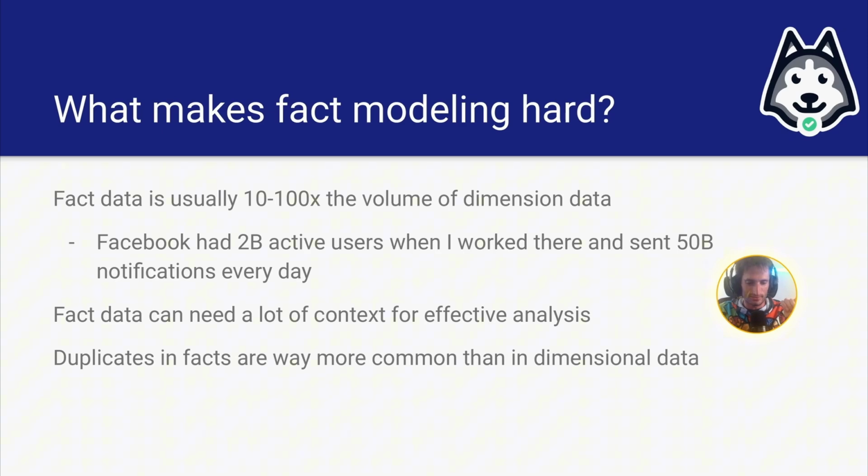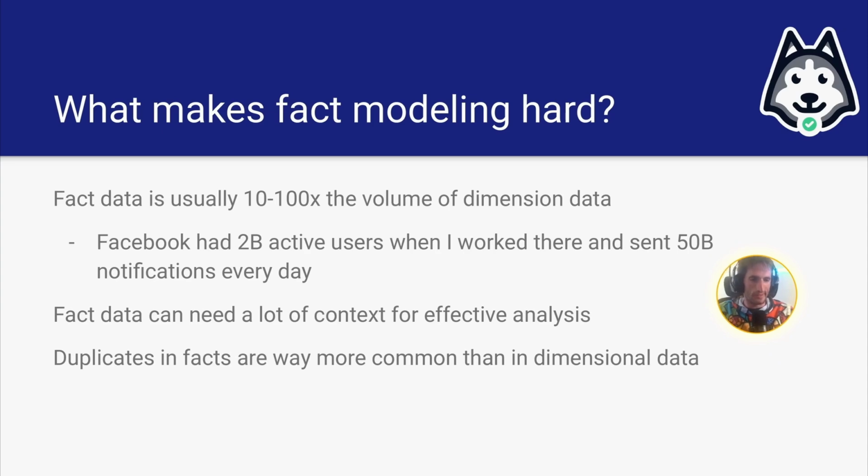So there's a lot more data, and it will scale way more, right? That's an extreme example. The more general rule is there's going to be between 10 and 100x the data that you would see compared to your dimensions.